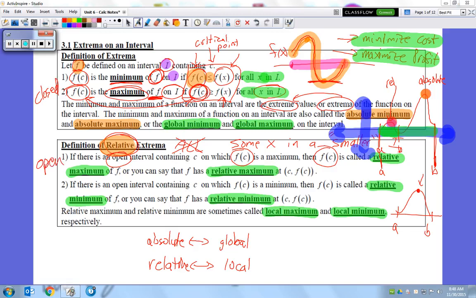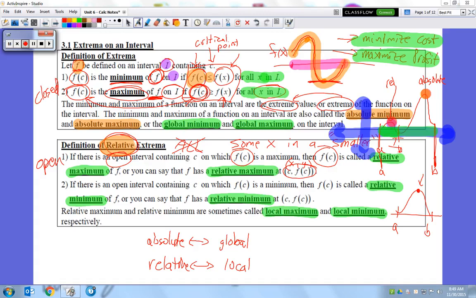So absolute would be on a closed interval, where the relative min or the relative max would be on an open interval. So it says then that y value is called a relative maximum for f, or you can say that f has a relative maximum at this point.